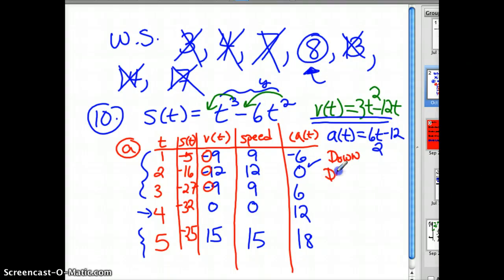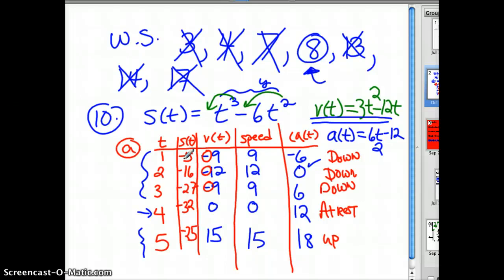So it's going down. The direction is down. The direction's down again. When the velocity is 0, I guess we'd say it's at rest. And then at the end, it's going up. So that is my direction, and now I'm supposed to say whether it's speeding up, slowing down, or neither.